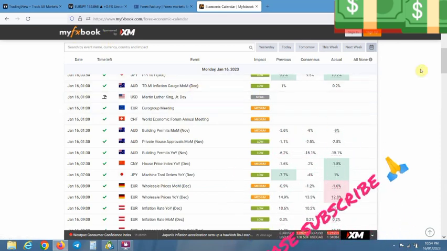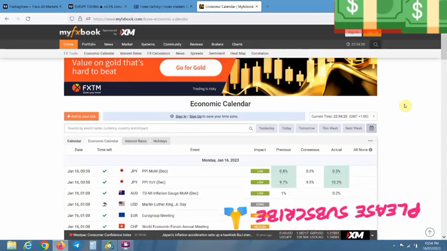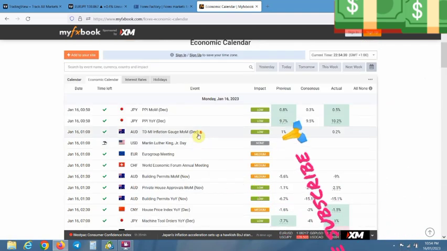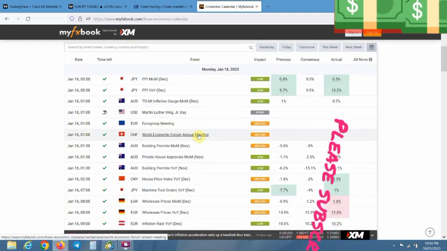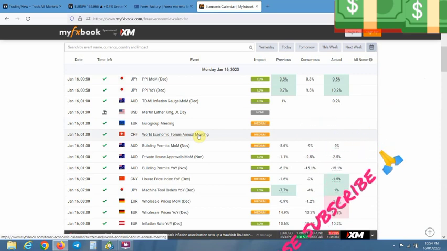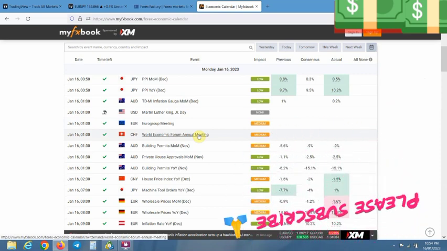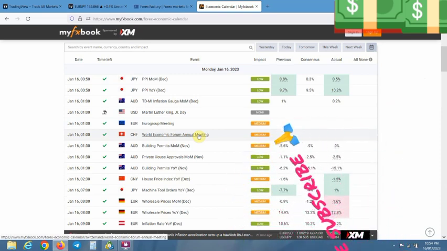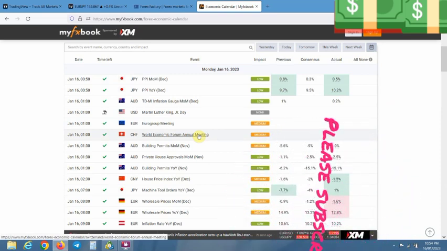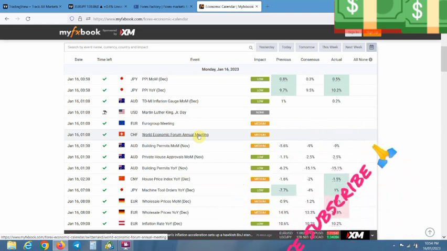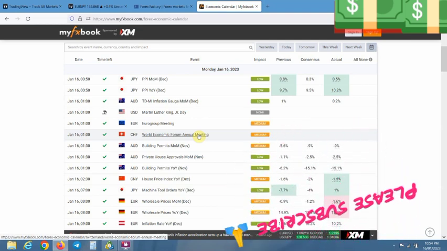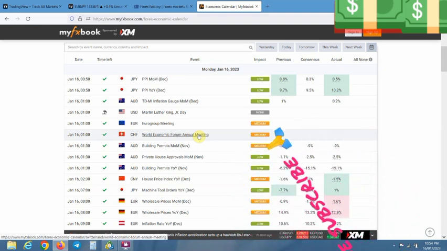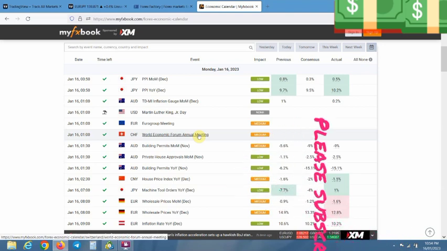The reason I like myfxbook is because they give you the ability to track your account record. You can track your accounts by registering with myfxbook.com and then logging your account into their site, and they will help you to track your account and give you some important, valuable information about it, so you know when you're in a drawdown, you know when you're in a profit, you know your losing streaks, your winning streaks, how many pips you're losing.